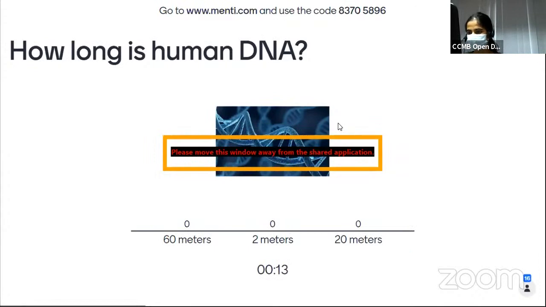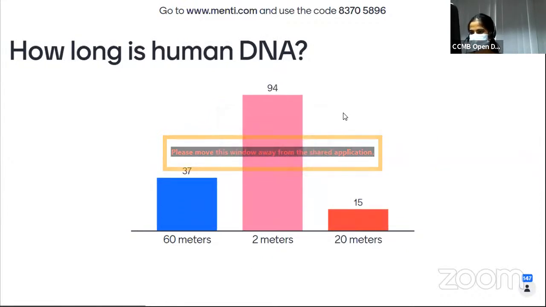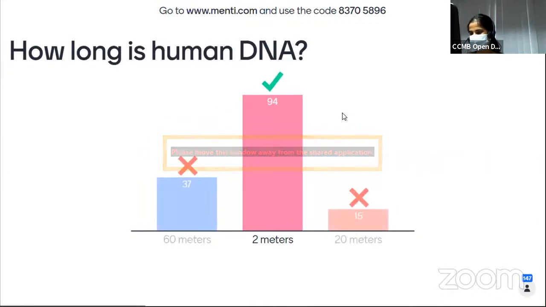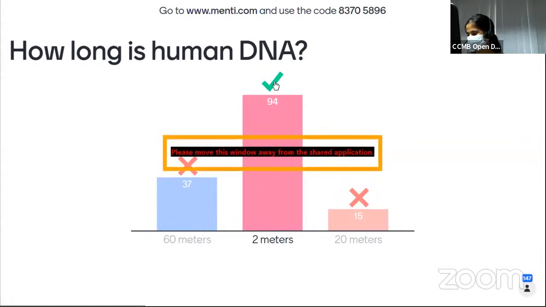Our options are 60 meter, 2 meter, and 20 meters. 2 meter is the right answer. And there are many who gave 60 meters also. Just to clear your doubt, it was for per cell DNA, not for the whole.